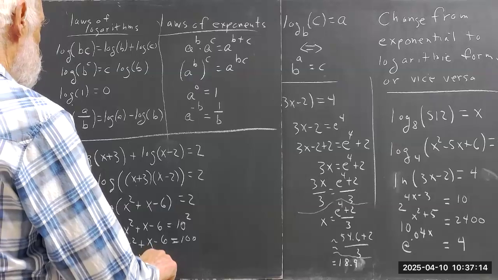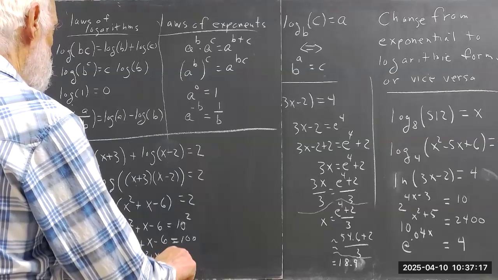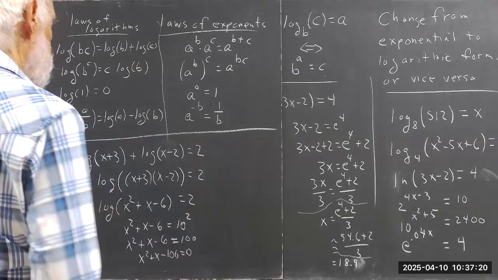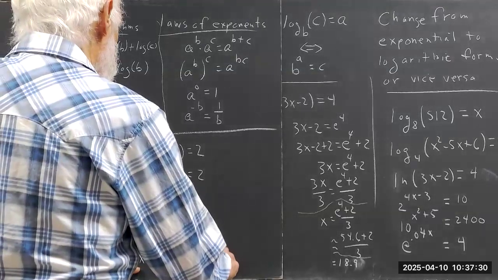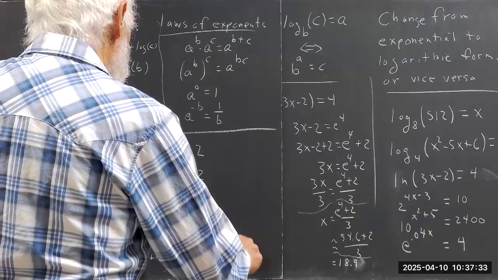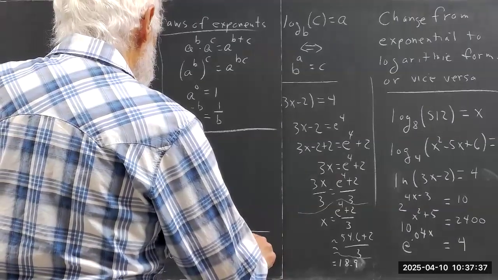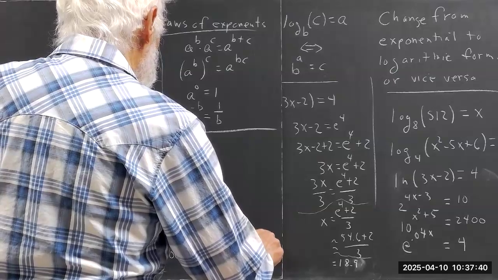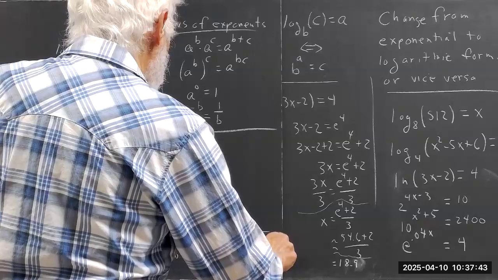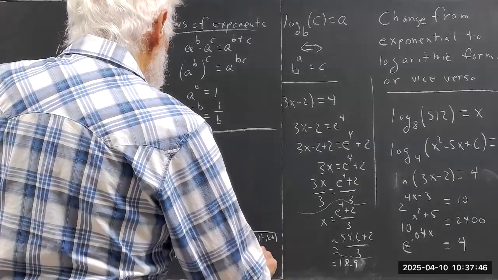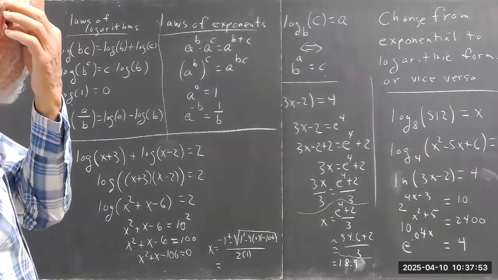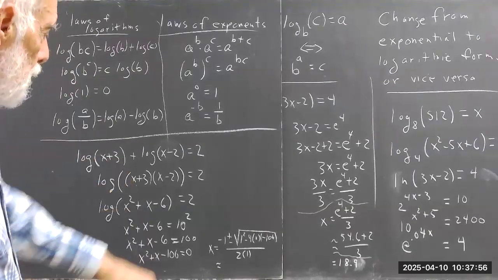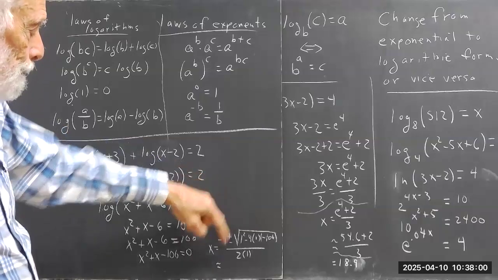And you subtract 100 from both sides. Put this into the standard form of a quadratic equation and use the quadratic formula. This square root comes up pretty close to 21.